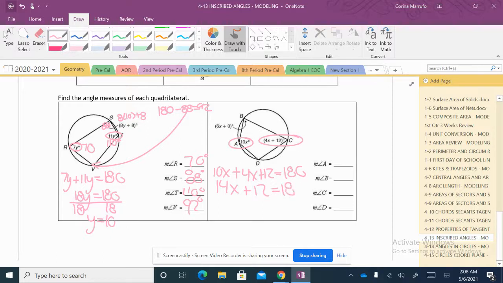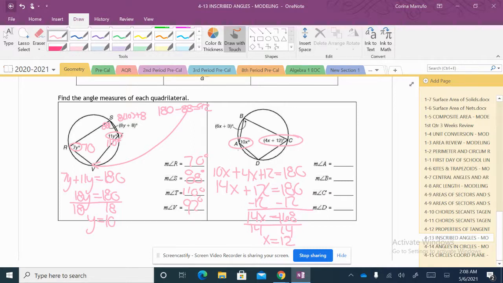Once we combine our like terms, we're ready to solve for x. So we move over the 12 first by subtracting 12. 180 minus 12 is going to give me 168. We divide both sides by 14, and that gives us x equals 12.